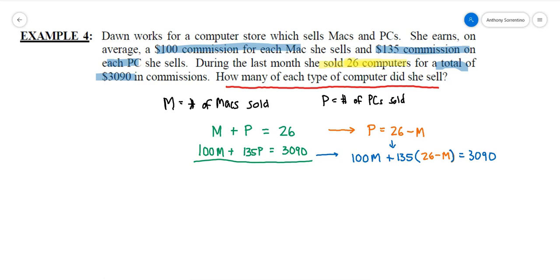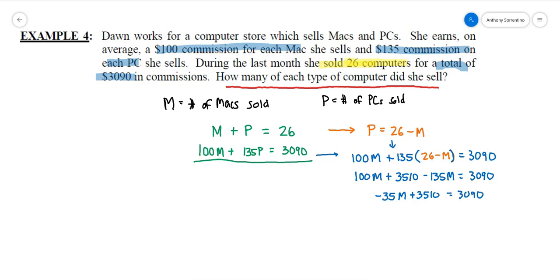So I'm going to distribute the 135. 26 times 135 is 3,510 minus 135m equals 3,090. 100m minus 135m is a negative 35m plus 3,510 equaling 3,090.